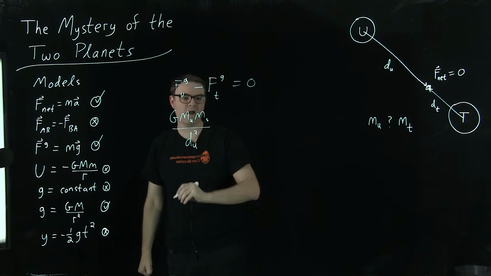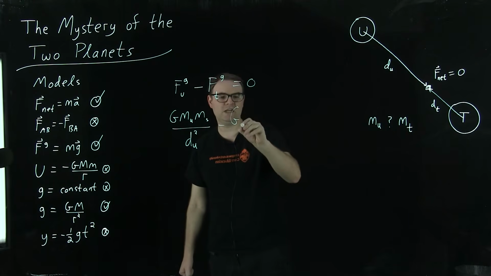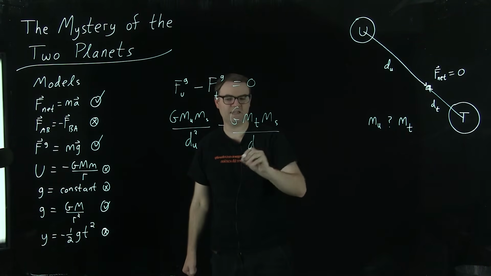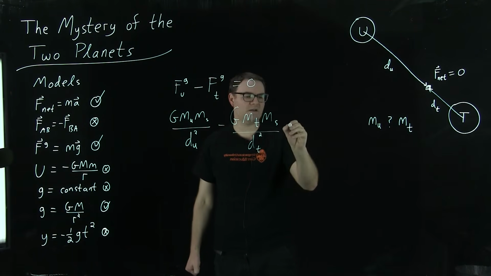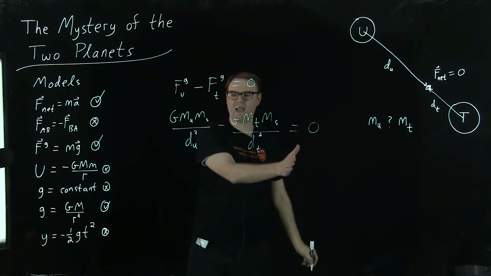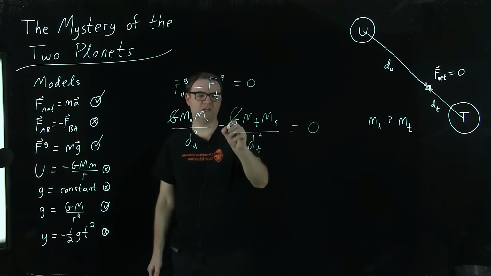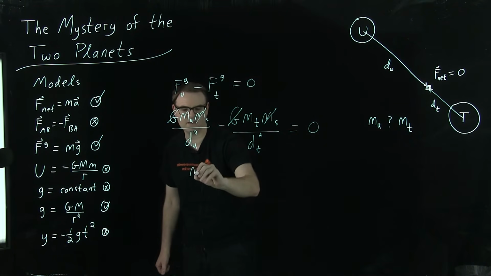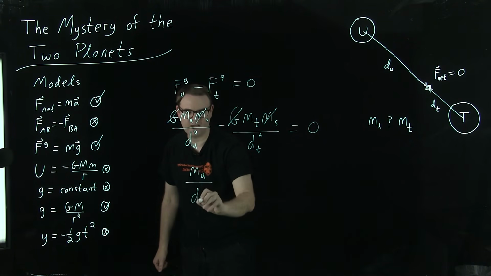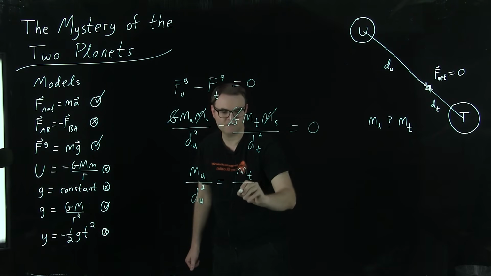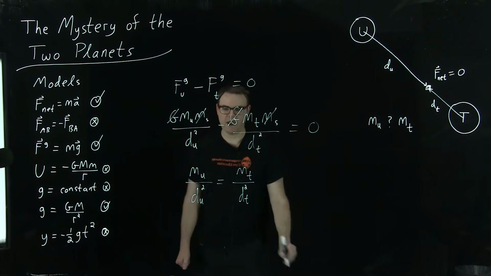So du squared, and then minus G mt ms divided by dt squared is equal to 0. Here I can do some quick algebra to cancel out the G and the ms to rearrange this equation and get something that looks like mu divided by du squared is equal to mt divided by dt squared.